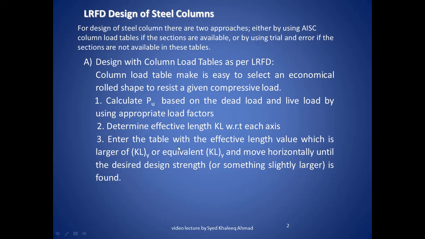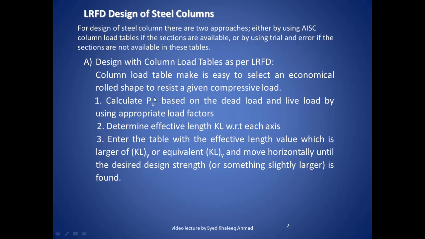Then enter the table with the effective length value, which is the larger of KLy or equivalent KLy, as you have seen in the previous lecture where we discussed the design strength of column and how to find equivalent KLy based on KLx. And then we move horizontally until the desired design strength or something slightly larger is found. So this is the step.